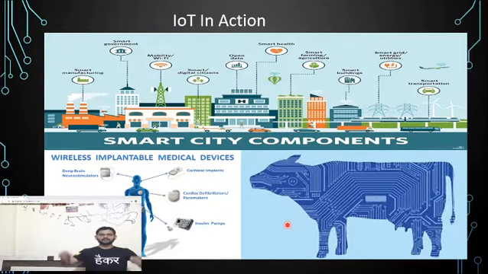That belt will be tied to the neck of the pet, and based on its body temperature and behavioral patterns, it will create an alert if the pet is not well or is lost. You can track that pet using IoT. So many such use cases are in the market with IoT products. As we can see, everything is getting occupied by IoT. And what is IoT? IoT is a chip which is connected to the internet.